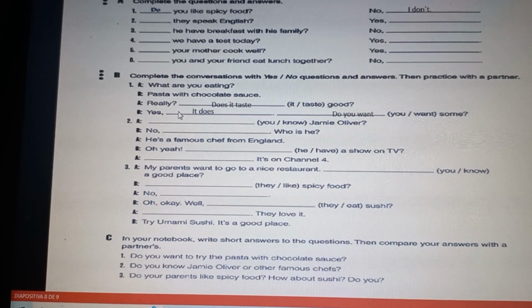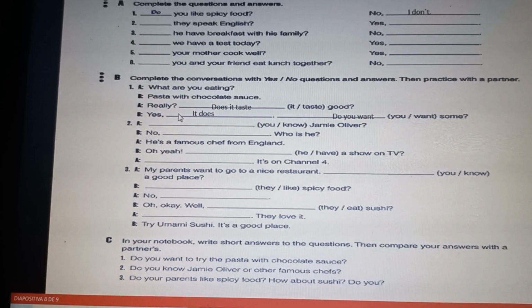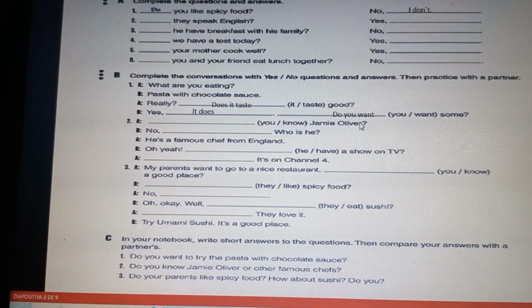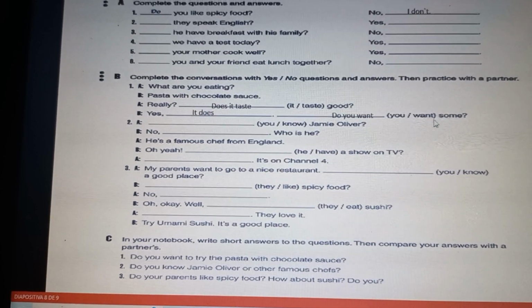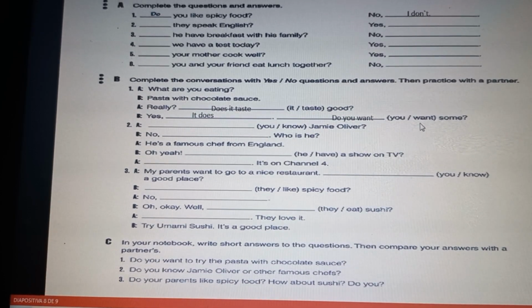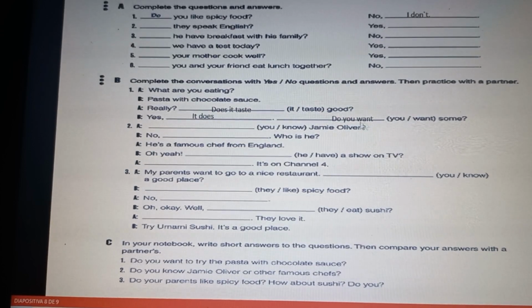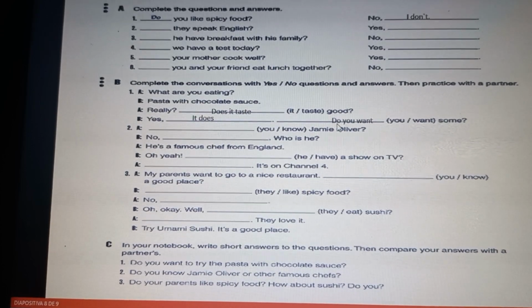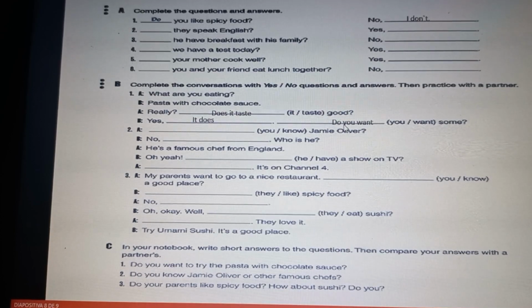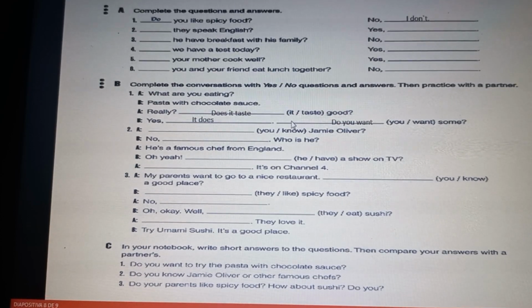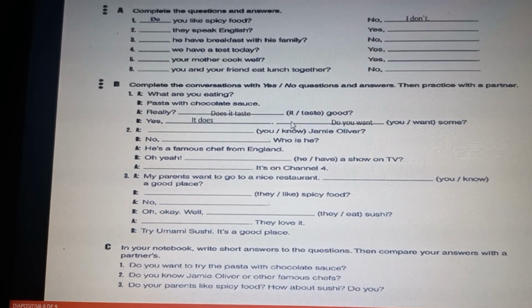It is a positive statement, okay? The answer is yes. Do you want some? Okay, remember we have to use the verb in parentheses, and also the subject pronoun. And to write a question, we need to use the auxiliary, do or does. Okay, you have to complete this exercise for the next class, please.